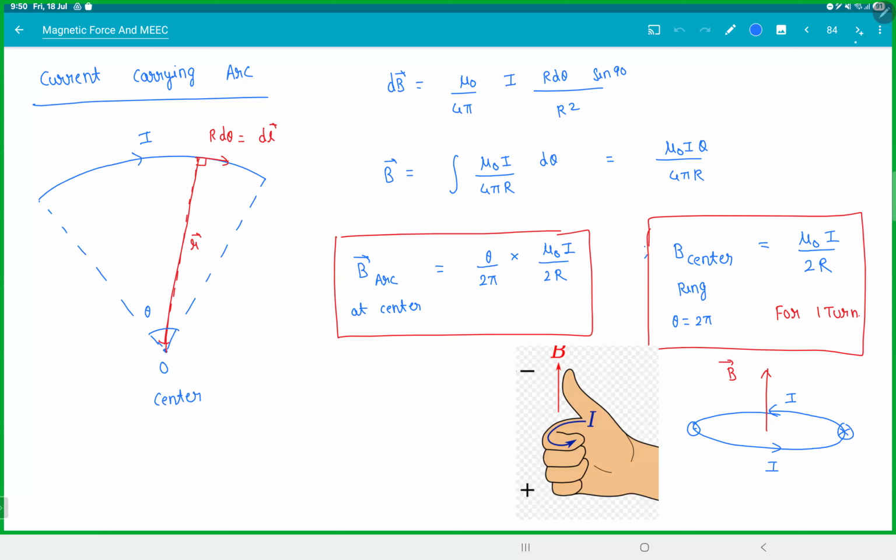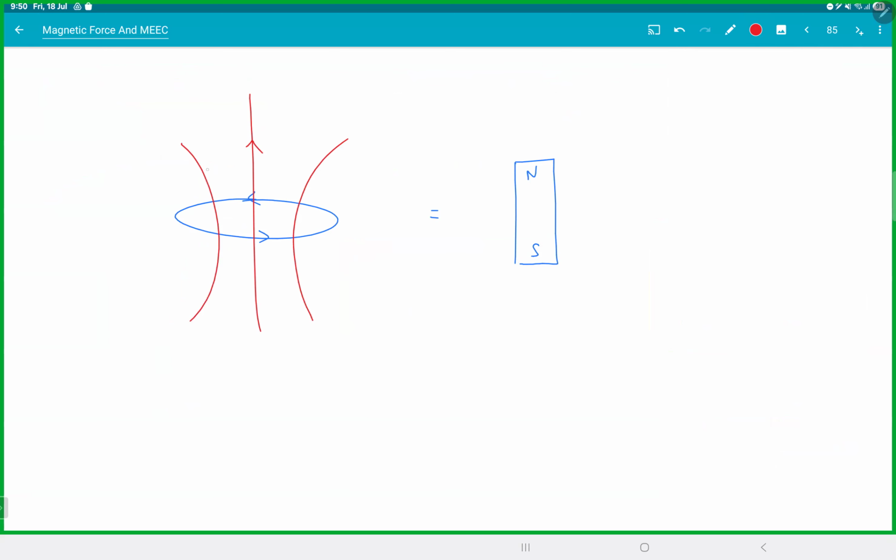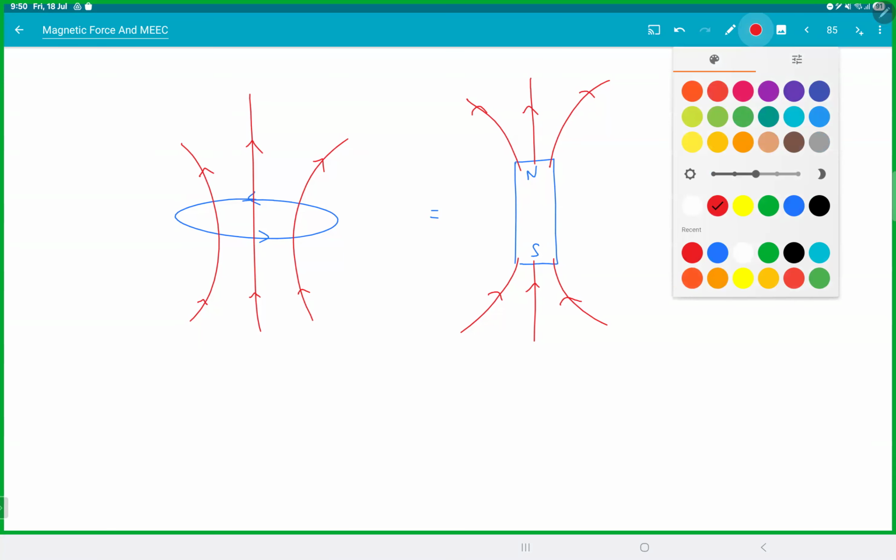Now if you see this current carrying loop, this is kind of equal to a magnet actually. They do behave similarly. If you look at the field lines, this is how the field lines will look. And if you look at a magnet, you will notice a similar profile for the field lines. So you can say a current carrying coil is similar to a magnet.